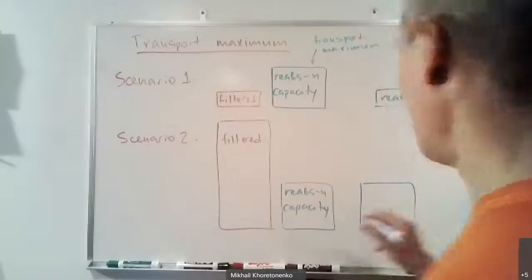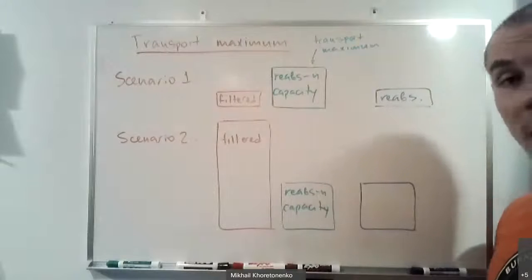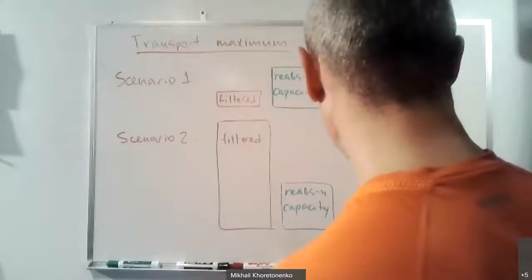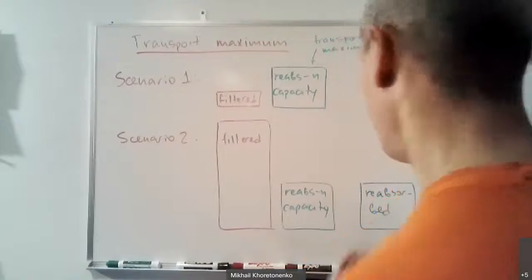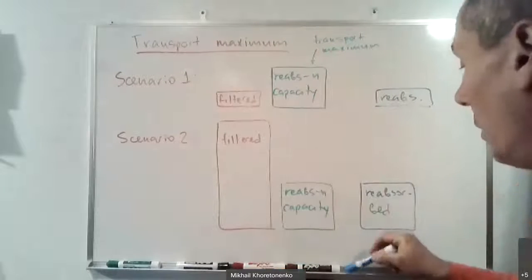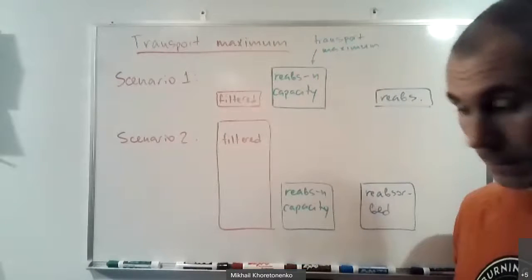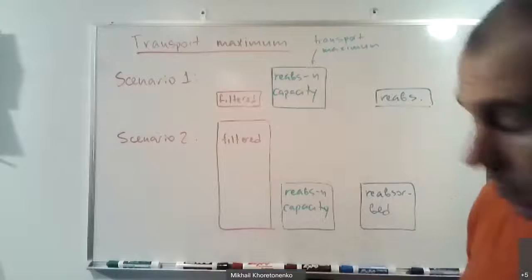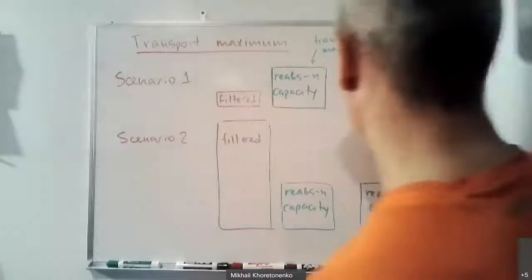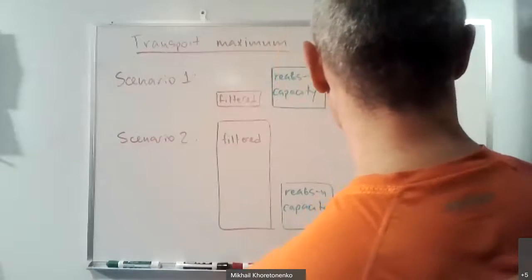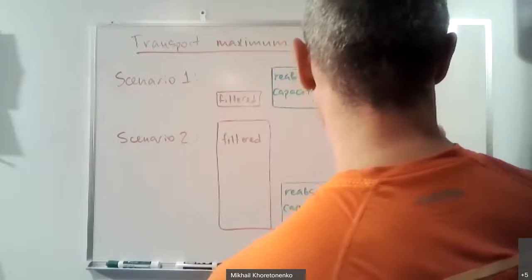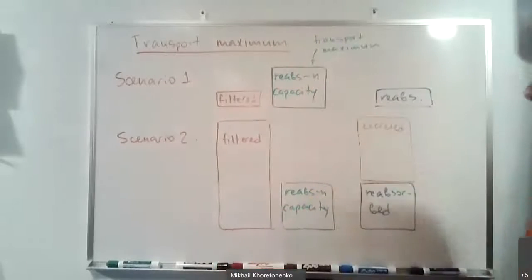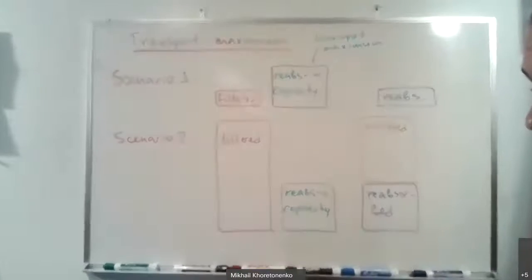As much as your transport maximum allows. Does that make sense? And what's going to happen to the rest? Oh, the rest is going to be excreted. Does that make sense to you?